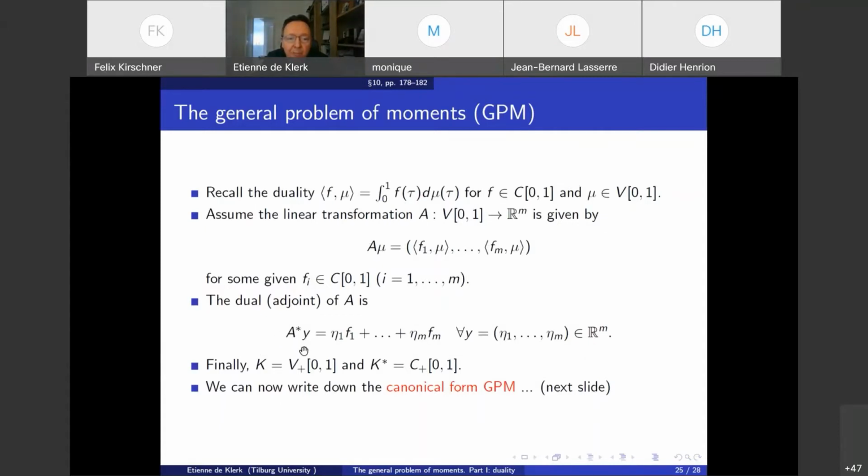So in particular, this adjoint maps this m-dimensional vector. The adjoint should go from R^m to the space of continuous functions.